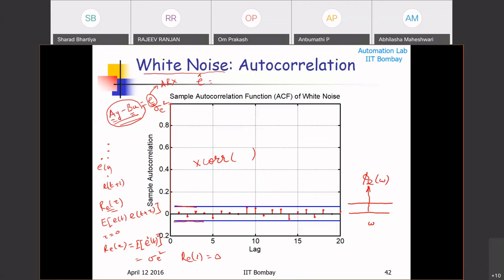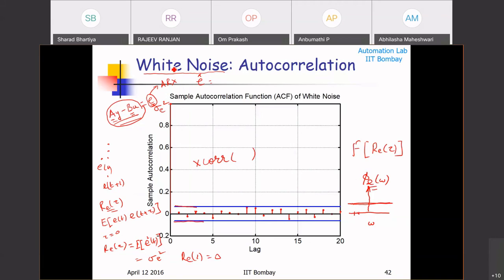The power spectrum is essentially the Fourier transform of your autocorrelation function, in the frequency domain. When you look at white light, we know that white light has equal power contributed by light of all frequencies. And that is what you see over here: white noise has all frequencies with equal power, as you can see by the straight line.